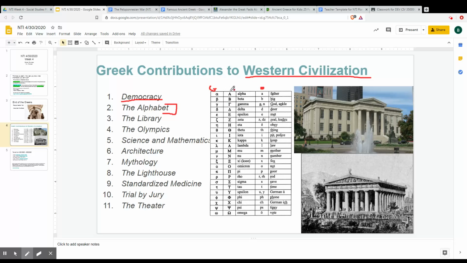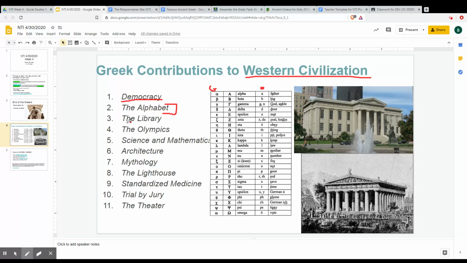So the Greek alphabet turns into our alphabet, and then we change it some, but the basis of our alphabet, as you can see, alpha, the A looks really similar, beta, the B looks really similar. The I and K's look really similar, and even the M and N's and the P's and the Y.